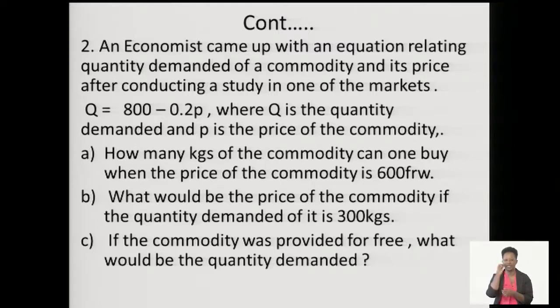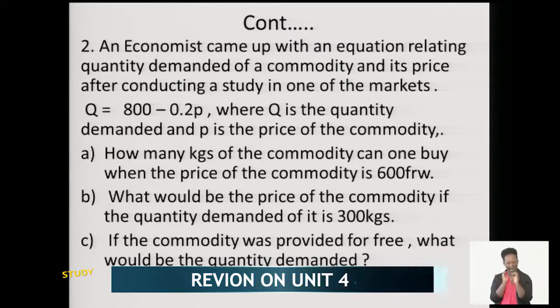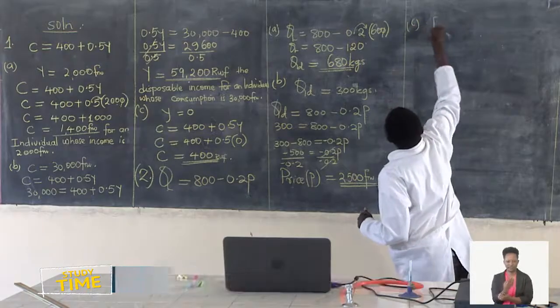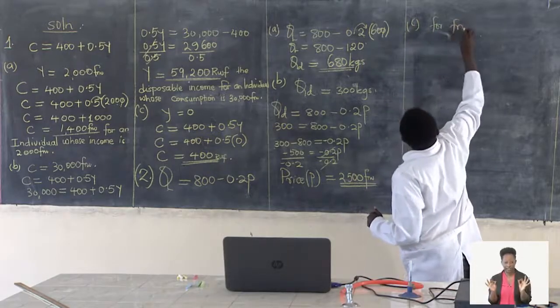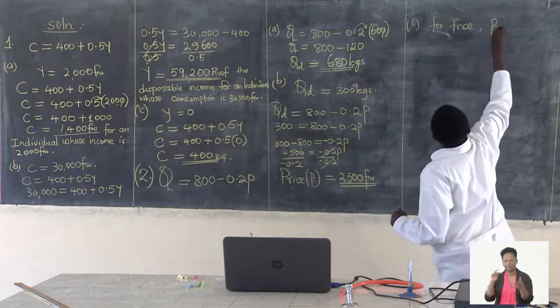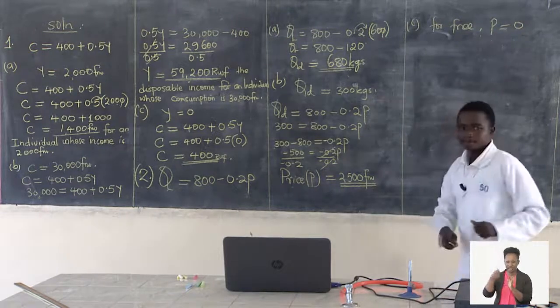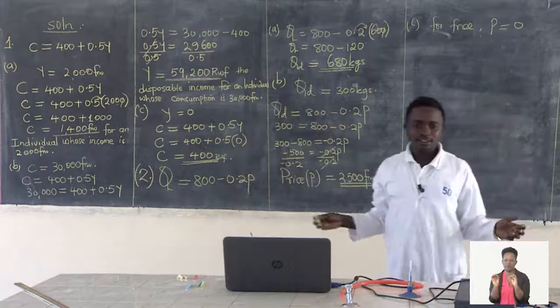Then we can look at part C. If the commodity was provided for free, what would be the quantity demanded? If it was given for free, that means price is 0. There was no price charged.